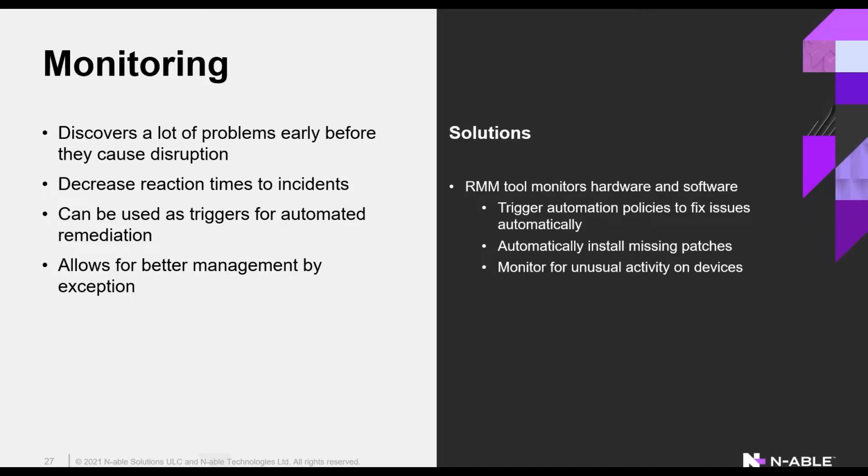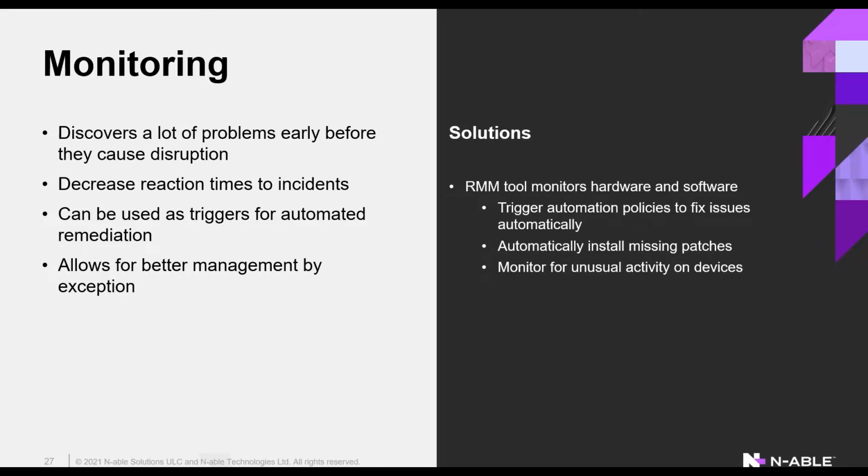Okay. And monitoring, discovering problems before they can cause disruption because our thresholds are set up properly, leads us to, one, decreased reaction time if something requires manual intervention. And then it leads us to automated self-healing.